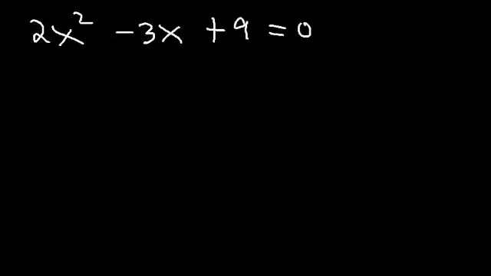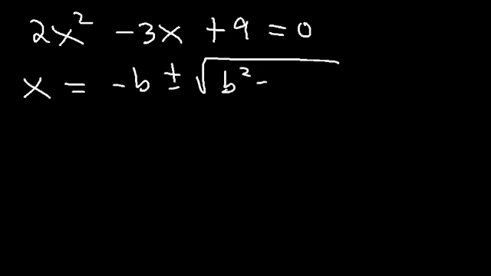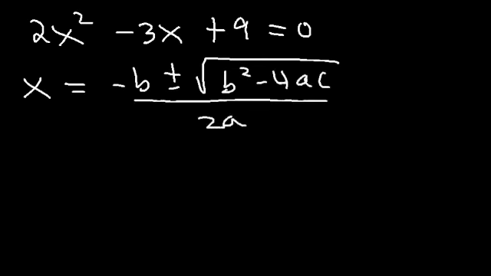Let's try another example. Try this one: 2x squared minus 3x plus 9. Go ahead and solve for x. So let's use the quadratic equation one more time. It's negative b plus or minus the square root of b squared minus 4ac, divided by 2a.